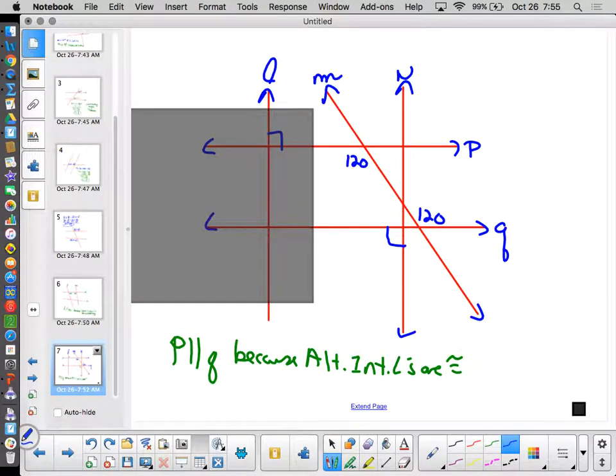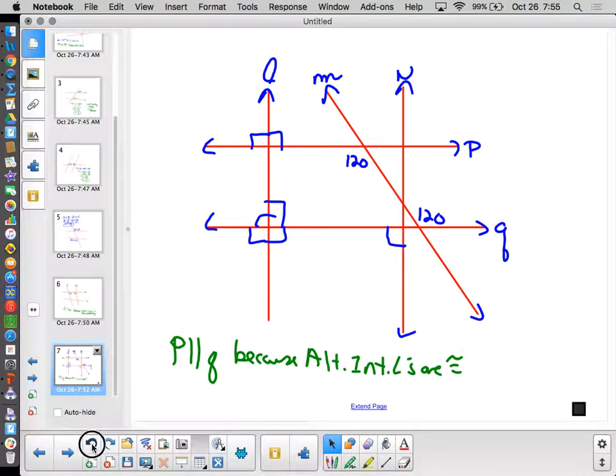Yeah. I don't know why it's doing this, but okay. If those are all right angles, then N would be all right angles. Well, wait a minute. Why would N be all right angles? Because it's a right angle. Right, but these two aren't connected.